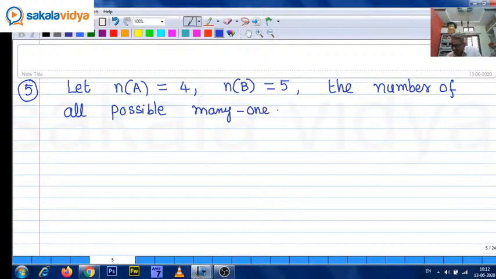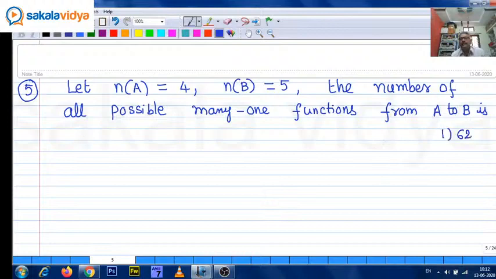If the functions are not 1 to 1, they are said to be many to 1. All possible many to 1 functions from A to B is: first option is 625, second option is 20, third option is 120, fourth option is 505. This is the question.